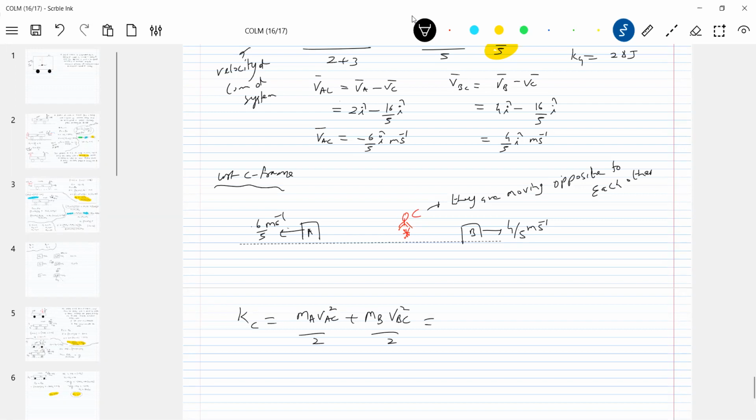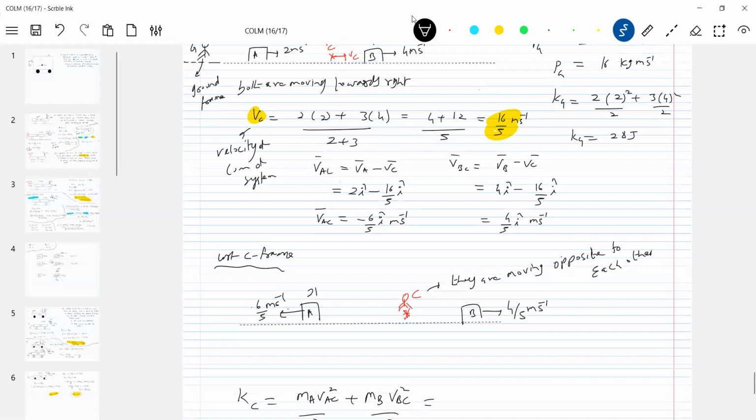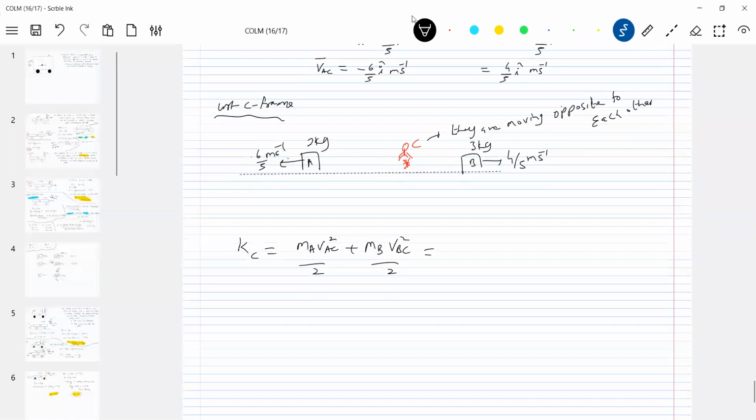The value of MA is 2 kg, and this is 3 kg. 2 by 2, VAC is how much? 6 by 5. 3 by 2, this will be 4 by 5, 4 by 5 whole square. So 36 by 25, 3 by 2, 16 by 25. Any value? 8 by 5.